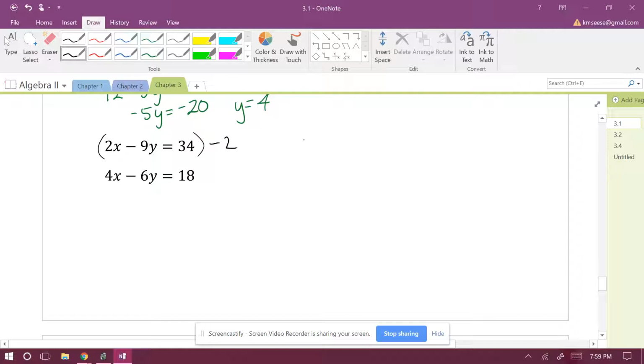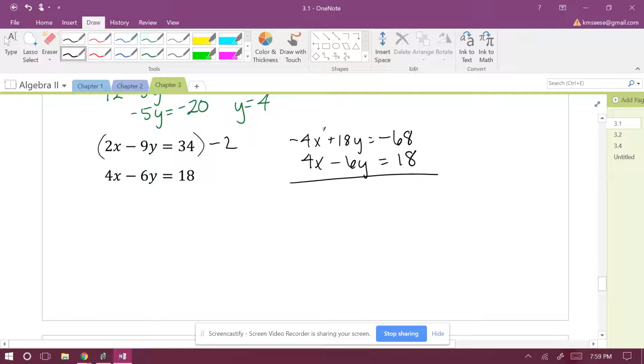Right? So if I multiply everything, I get negative 4x plus 18y equals 34 times negative 2, negative 68. Leave my second equation alone.